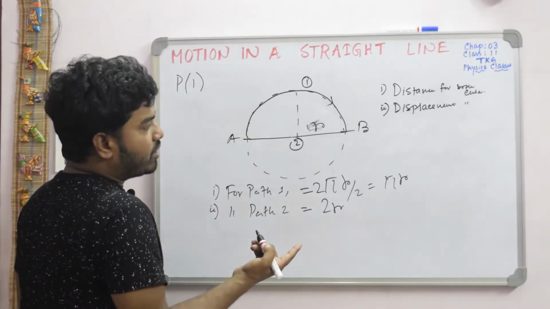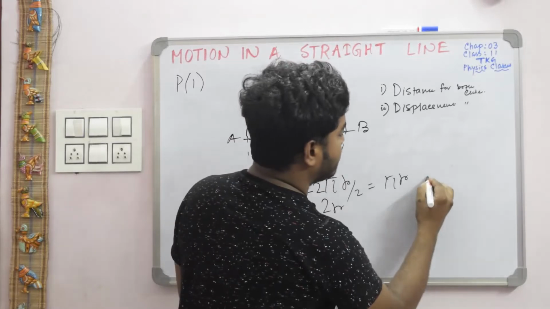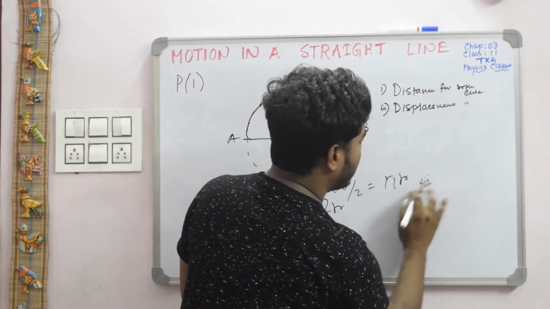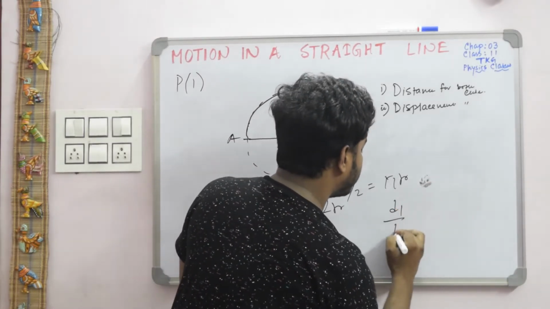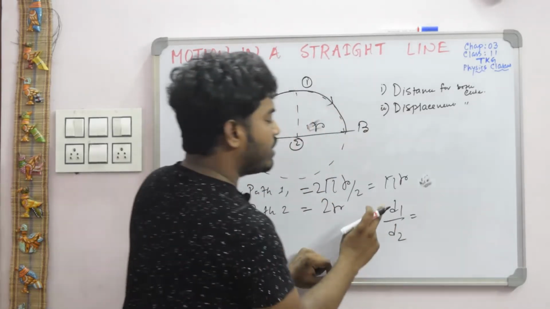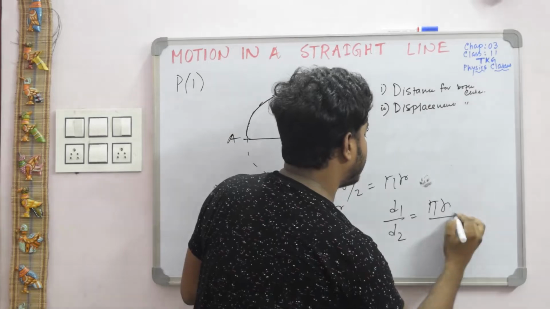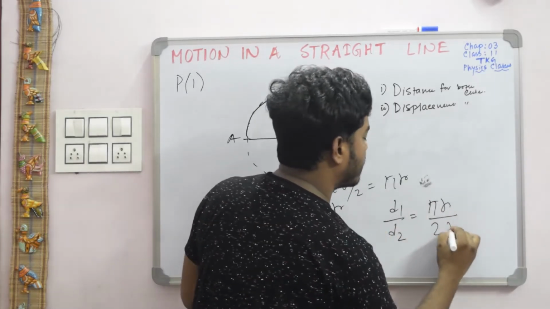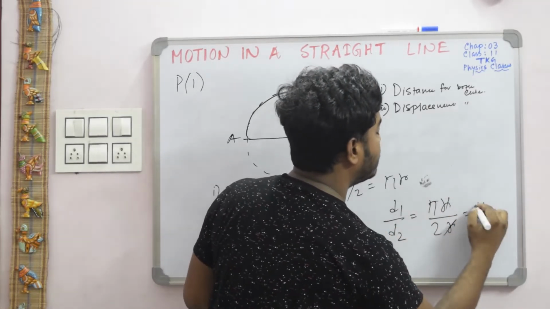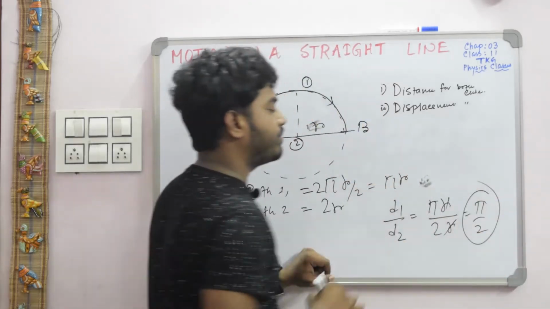So what is the ratio? Suppose the distance for path 1 is d1, and for path 2 is d2. d1 by d2 is pi r divided by 2r. So r cancels out, that is pi by 2.